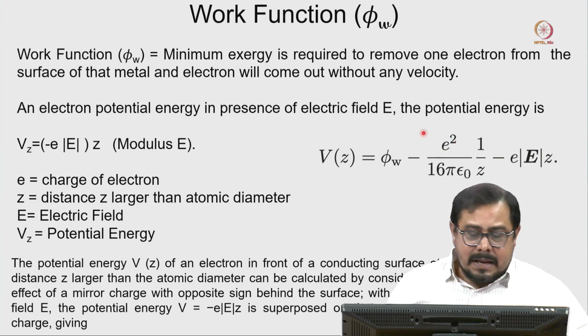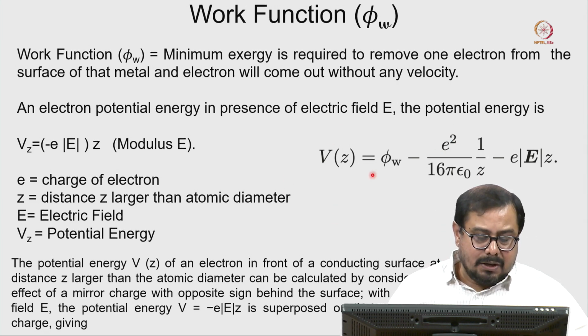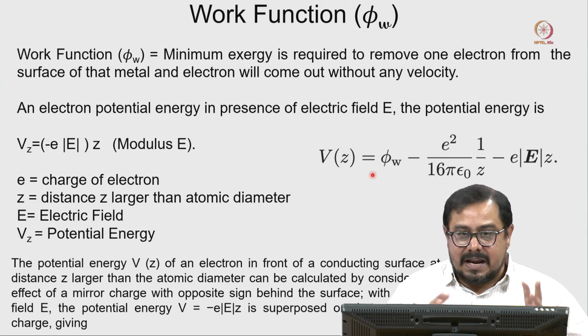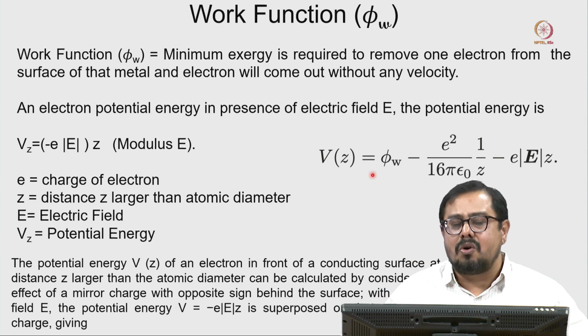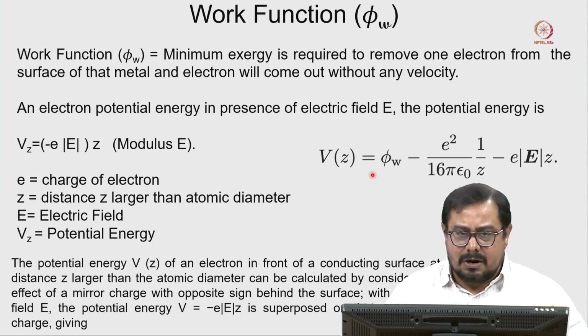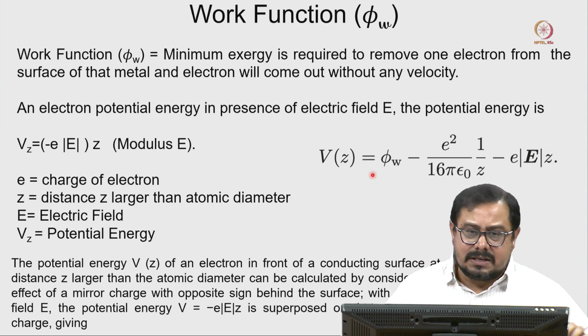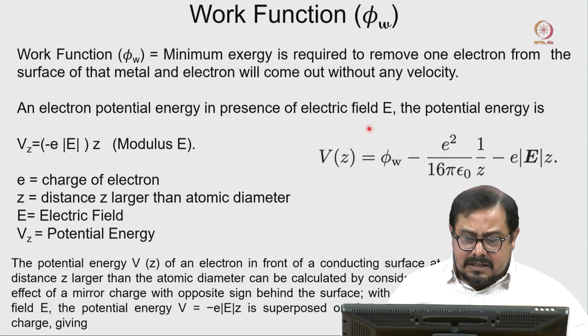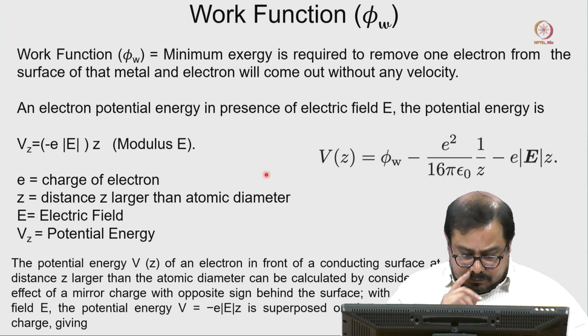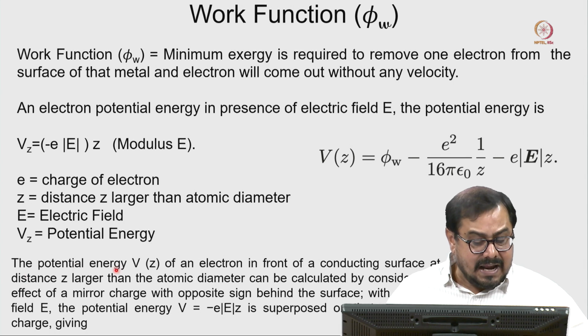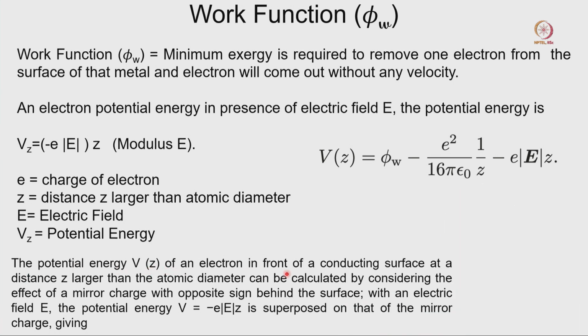So, here, what is the relationship between the potential energy of the metal and the electron, and the electron coming out, and their work function? If we consider the relationship with this metal ion, here is the potential energy. Here the potential energy Vz of an electron in front of a conducting surface at a z distance which is larger than the atomic diameter.